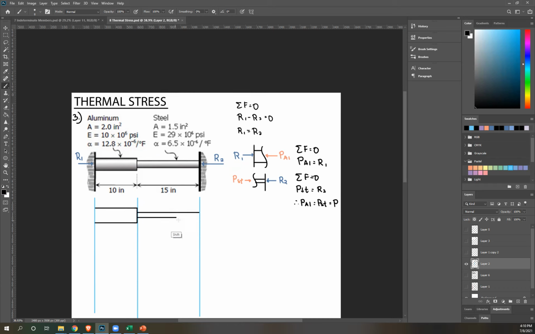If you relax your support, obviously, this will extend here, right? Due to an increase in temperature, it creates expansion. So that's why these two ends will expand.